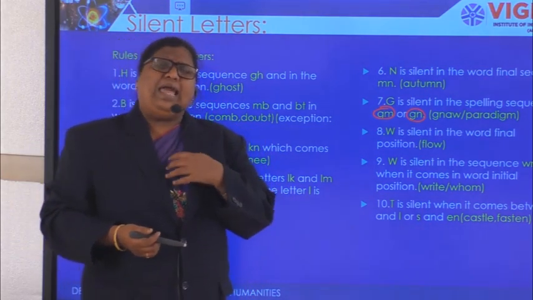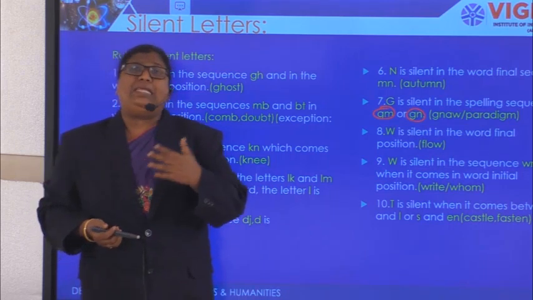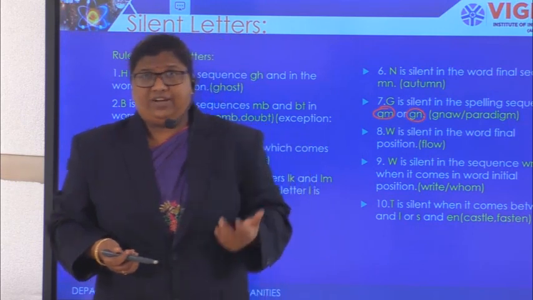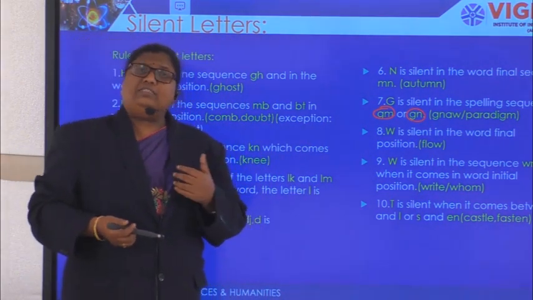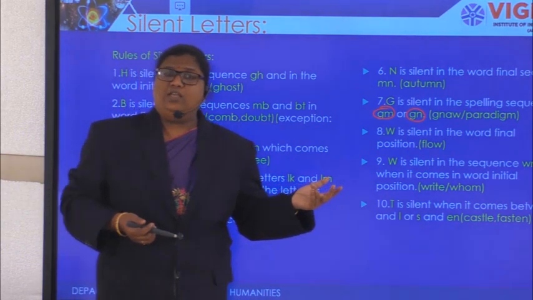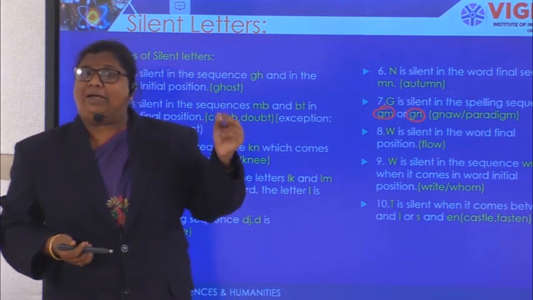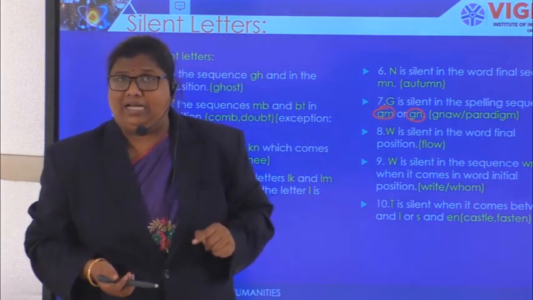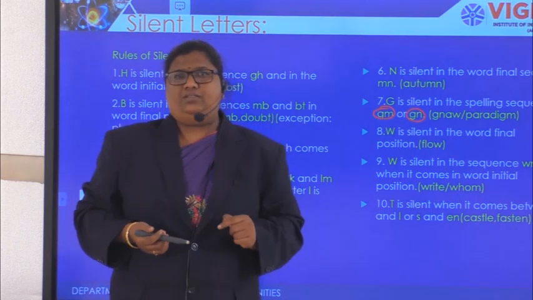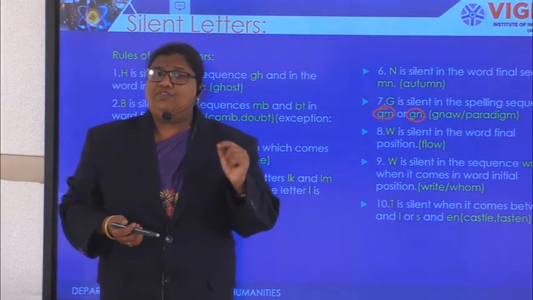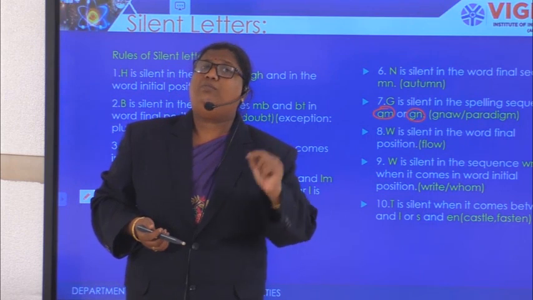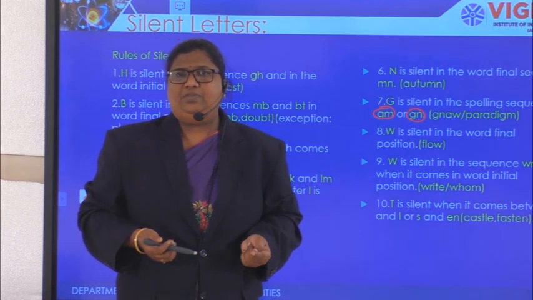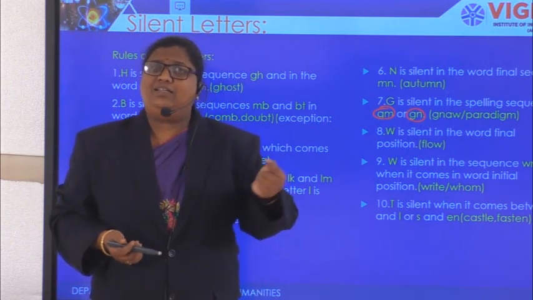So there are n number of words which are borrowed from many other languages like Italian, Latin, French, German and other languages, even Hindi also. So based on the pronunciation in the respective mother tongue, you are supposed to pronounce. Like for example, if you want to read a word which is borrowed from Hindi, you have to pronounce it like a Hindi speaker. You're not supposed to pronounce like an English speaker.